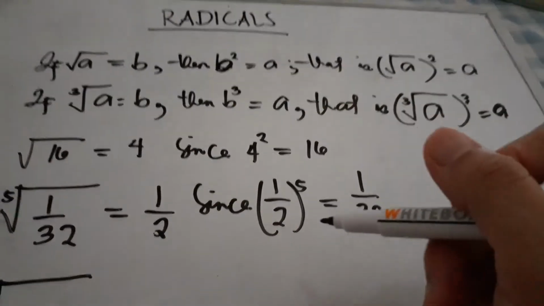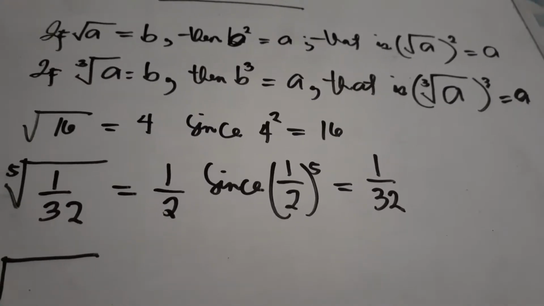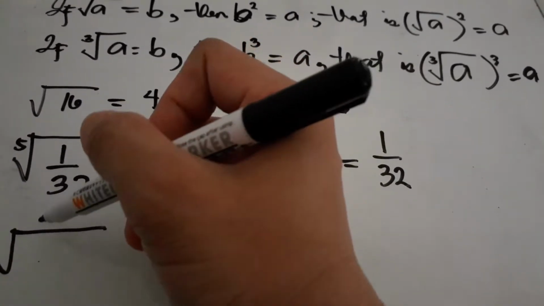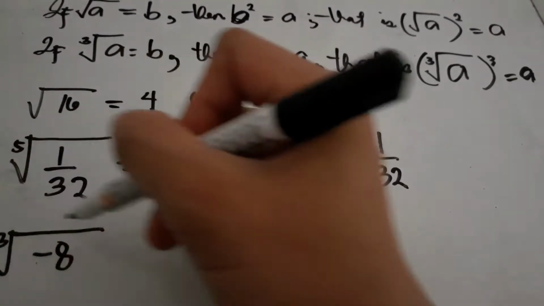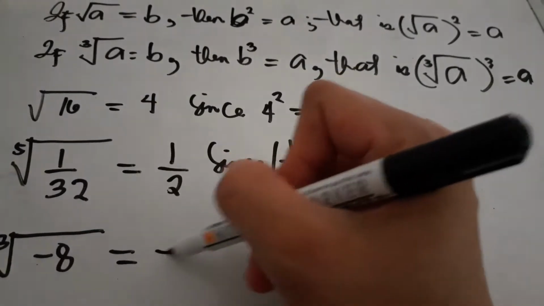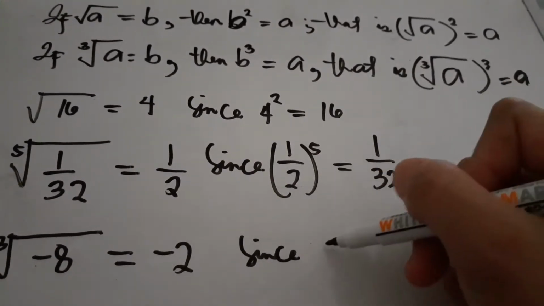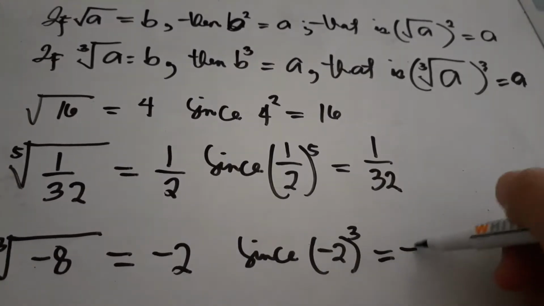And the cube root of negative 8 is equal to negative 2, since negative 2 to the third power is equal to negative 8.